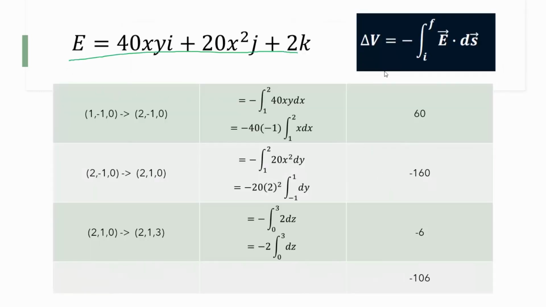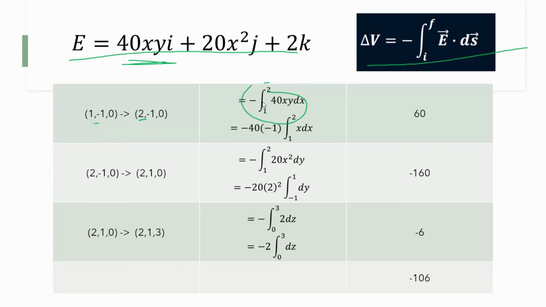So, i-rewrite ko ulit yung given and yung formula. So, ito yung first movement from 1, negative 1, 0 to 2, negative 1, 0. Nag-change lang ng x values pero lahat is virtually the same. So, integrate mo muna yung x part, yung i hat part muna ng problem.